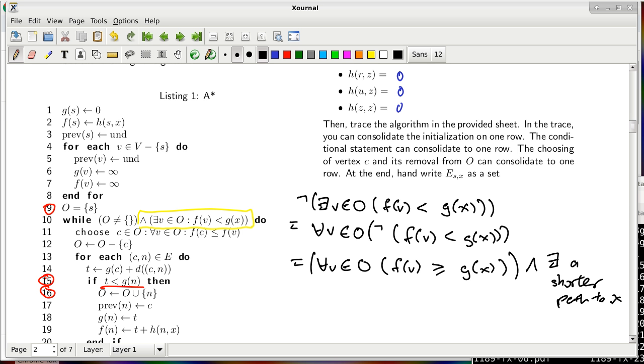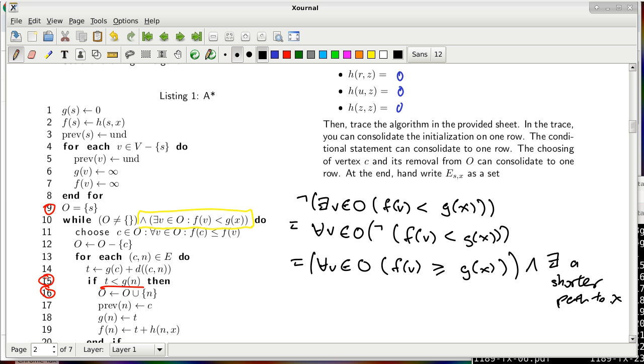So if there is a shorter path to x, but this condition is also true, then your shorter path has to go through one of the vertices in O. Okay, does that part make sense?